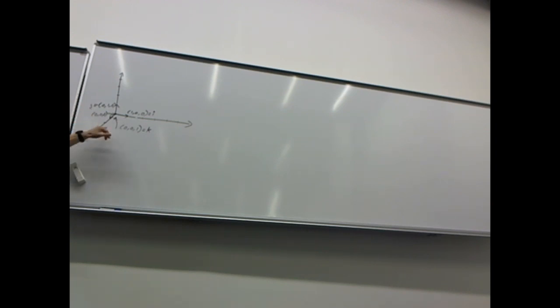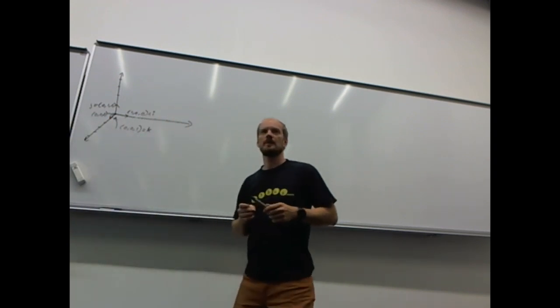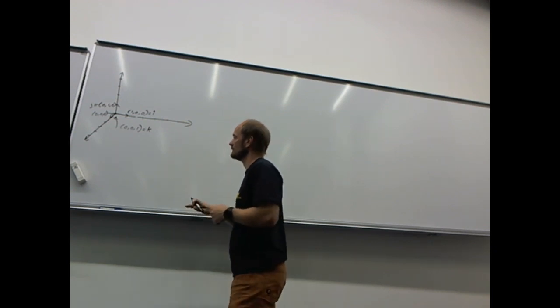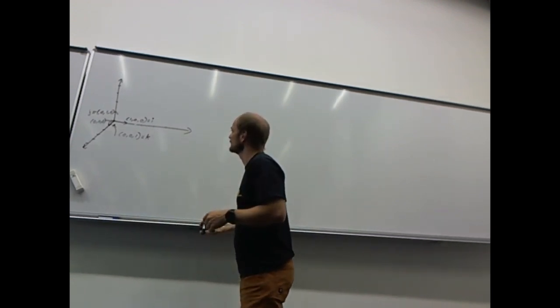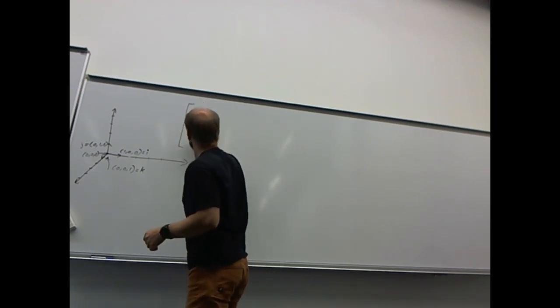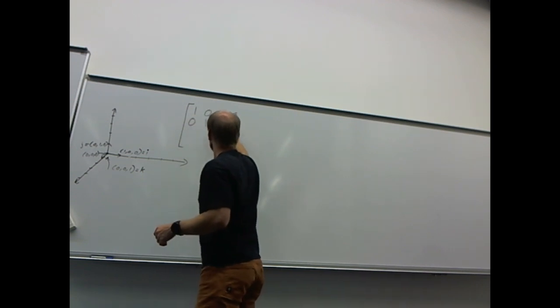What would a transformation matrix look like for the coordinate frame that just has I, J, and K as its vectors and the point 0, 0, 0 as its point of origin? So we'd have 1, 0, 0, 0, 0, 1, 0, 0.